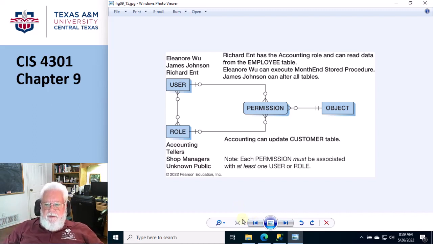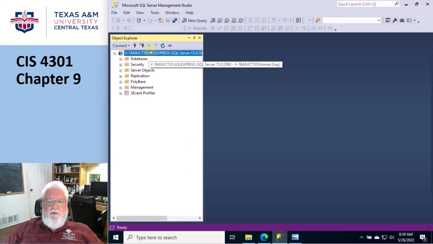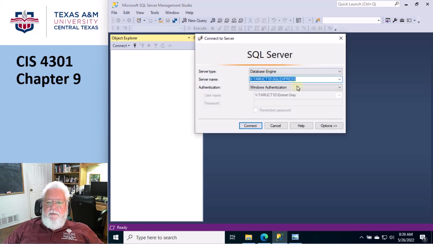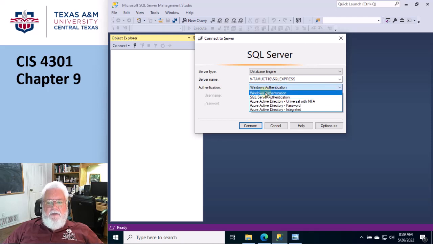So when we log in, if I was to log out of this and then connect back to it, one of the choices is Windows Authentication, and the other is SQL Server. We didn't set it up for that, but you basically have two choices.